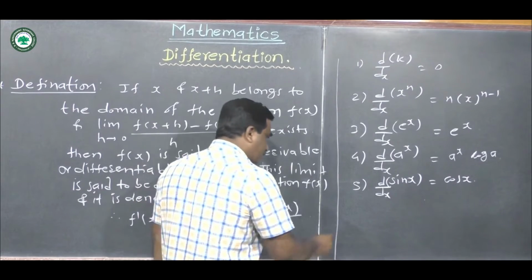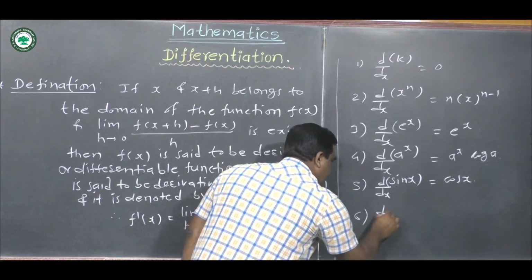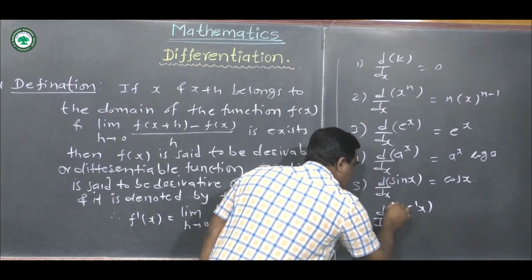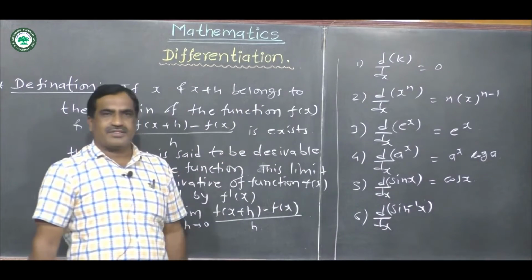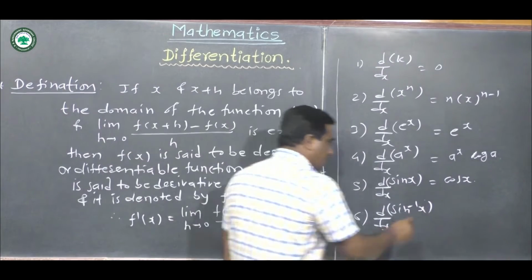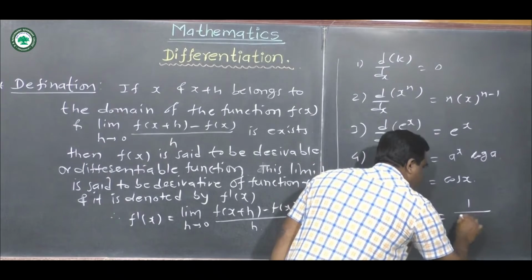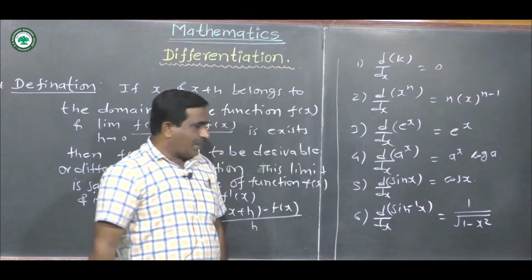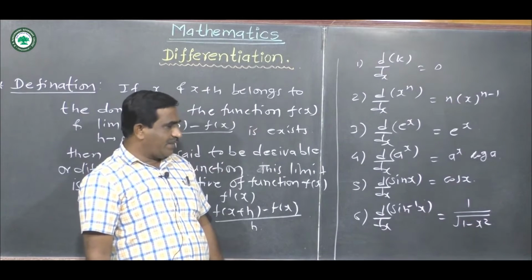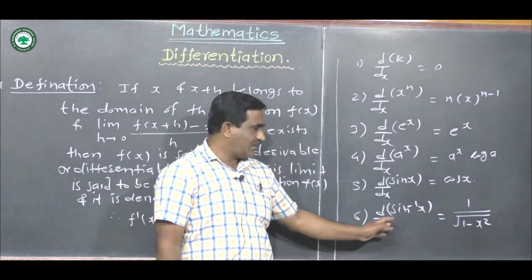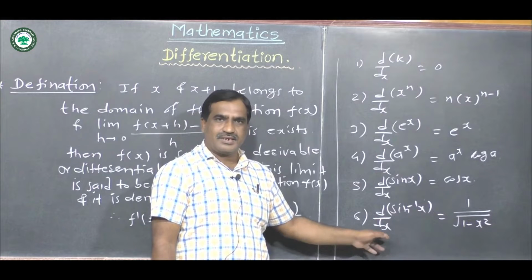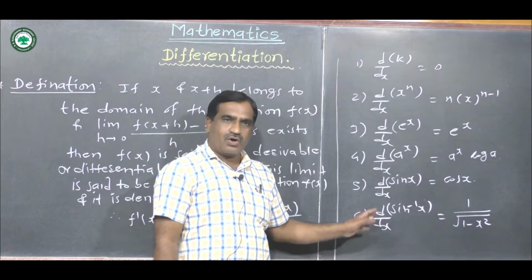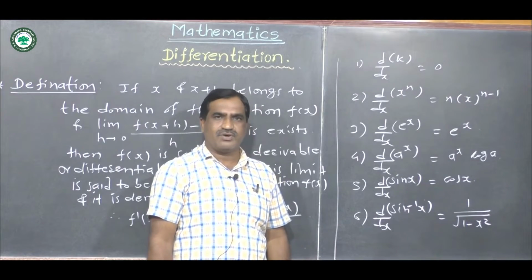We know that the derivative of sin inverse x, that is d by dx of sin inverse x, is equal to 1 upon under root 1 minus x square. Again we can write the derivatives of the remaining inverse trigonometric functions, that is cos inverse x, tan inverse x, cot inverse x, sec inverse x, cosec inverse x. All these are standard inverse trigonometric functions.